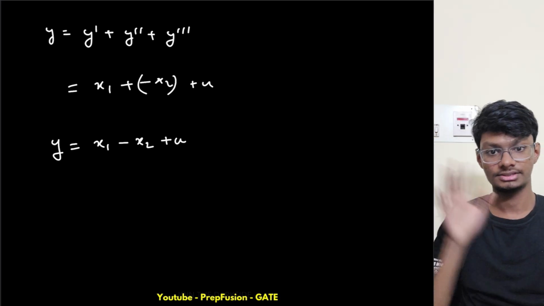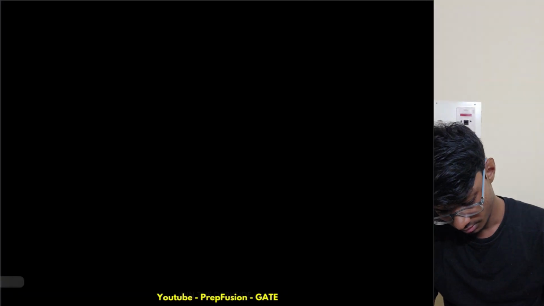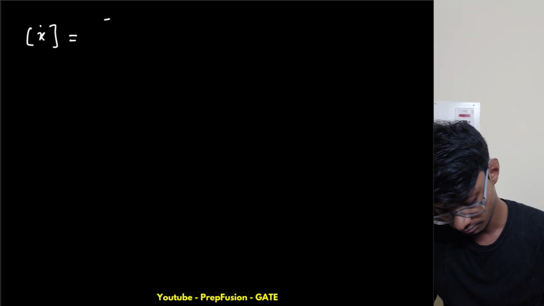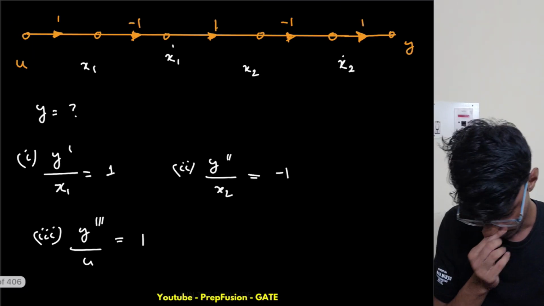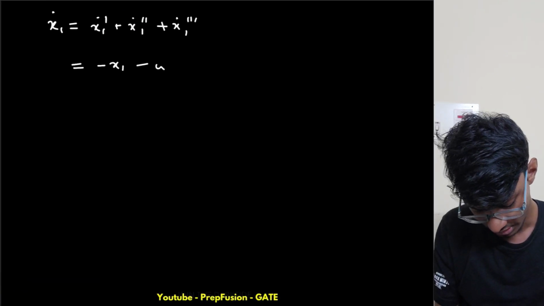So let me write the state space equation right now. My x dot will be equal to what? From this equation, x1 dot equals minus x1 minus u.